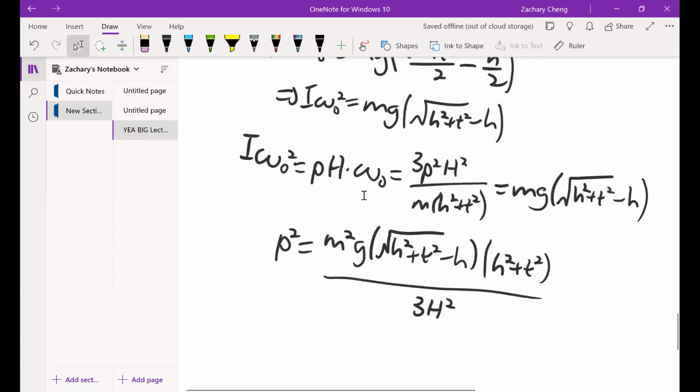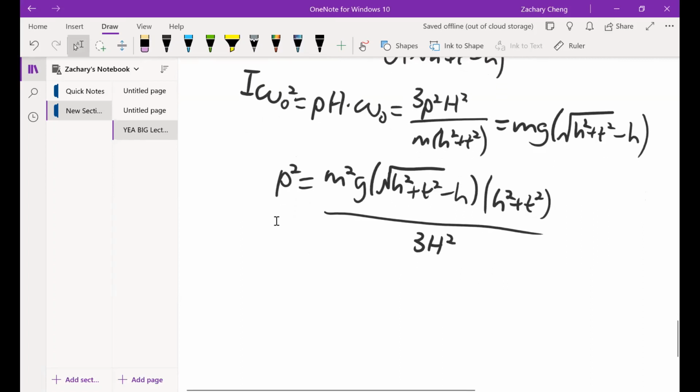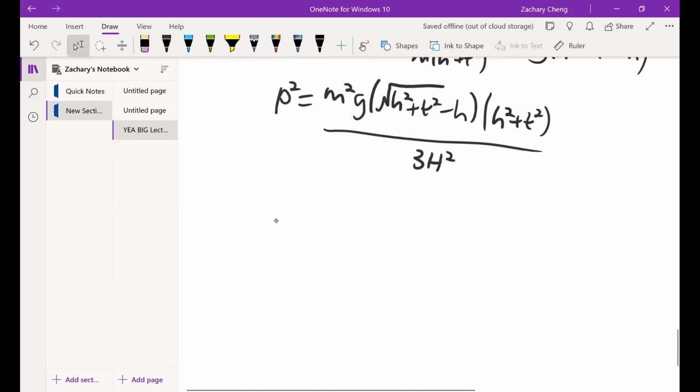And remember that we found earlier in part 1 that this big H is just equal to h in the case that gives us the minimum value for p. So this is just 3h squared. Okay, so now it's pretty easy to find p.